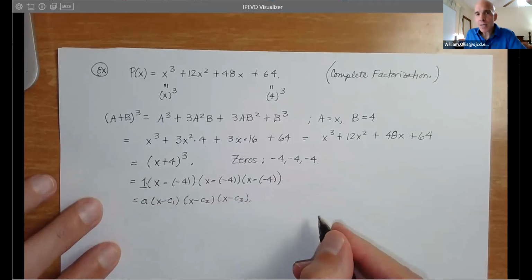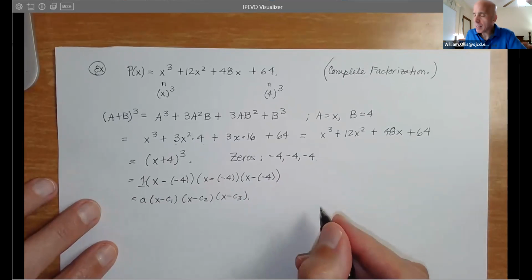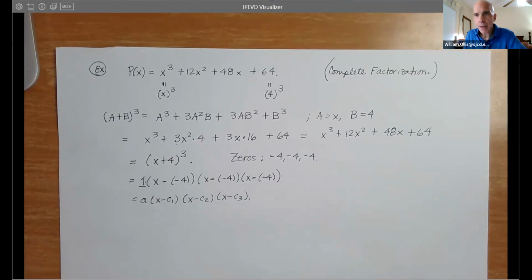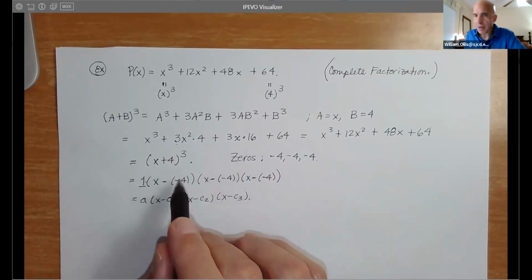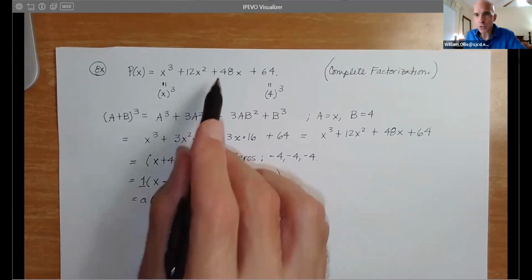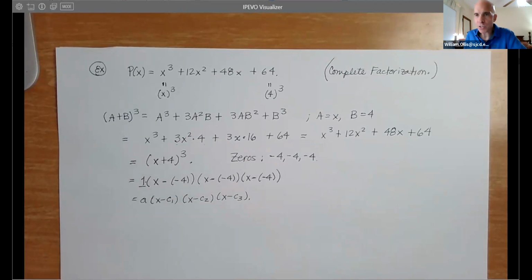Now, like I said, WebAssign is not picky about how you factor. They're not worried that you give them an integer polynomial if you start with 1. If you've got some fractions around or whatever, that's okay. They don't specify. I looked through all the formatting and it's really nice. And I played around a little bit with it. And I said, yeah, WebAssign's actually saying I'm giving you flexibility with these problems.